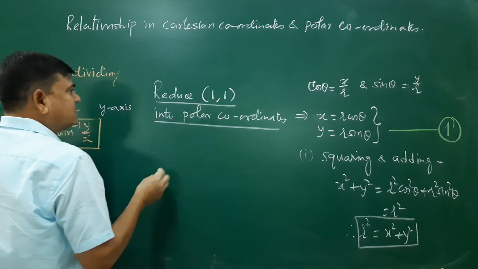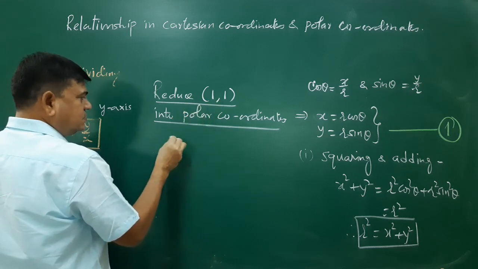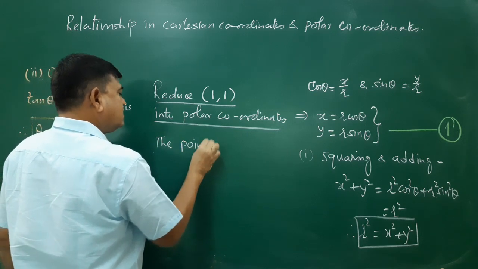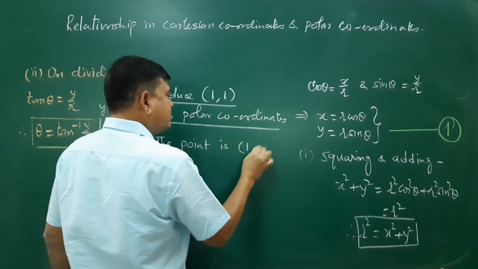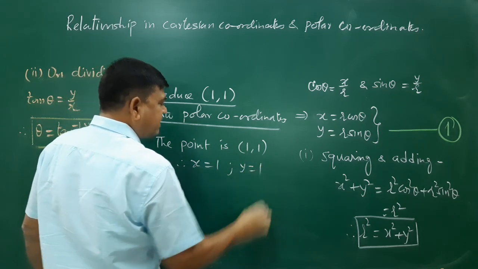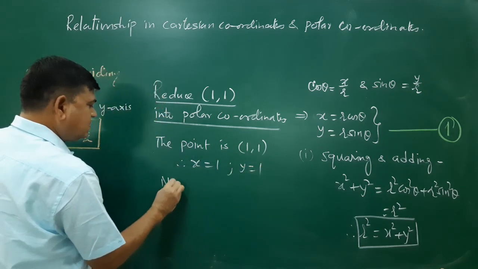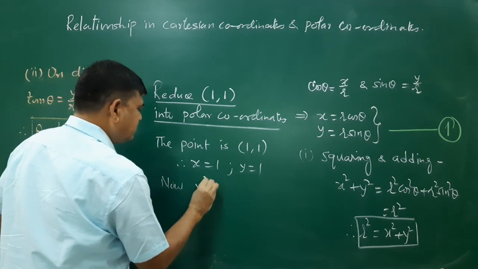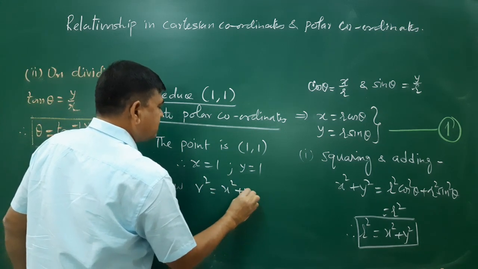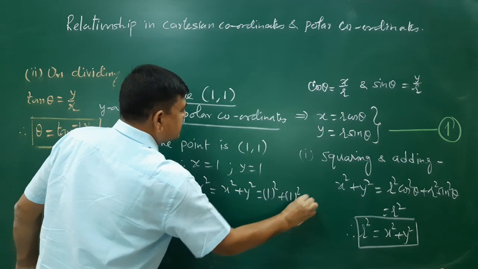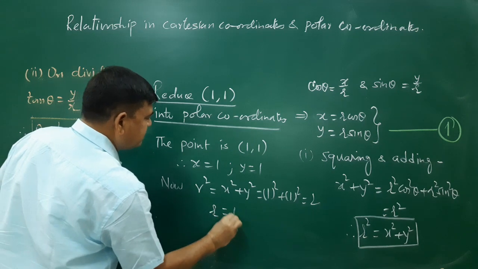Here Cartesian coordinates are given, so the point is (1, 1). Therefore, x is 1, y is 1. Now, r square is x square plus y square, so it is 1 whole square plus 1 whole square, that is 2. So r is root 2.